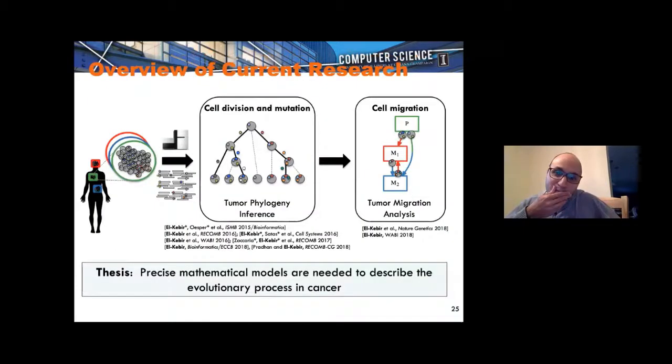And yeah, so essentially, I alluded to this before. In order to answer biological questions in cancer, you actually need to have precise mathematical models with clearly stated assumptions. So you need to formulate computer science problems where you're very clear and explicit about the assumptions that you're making.